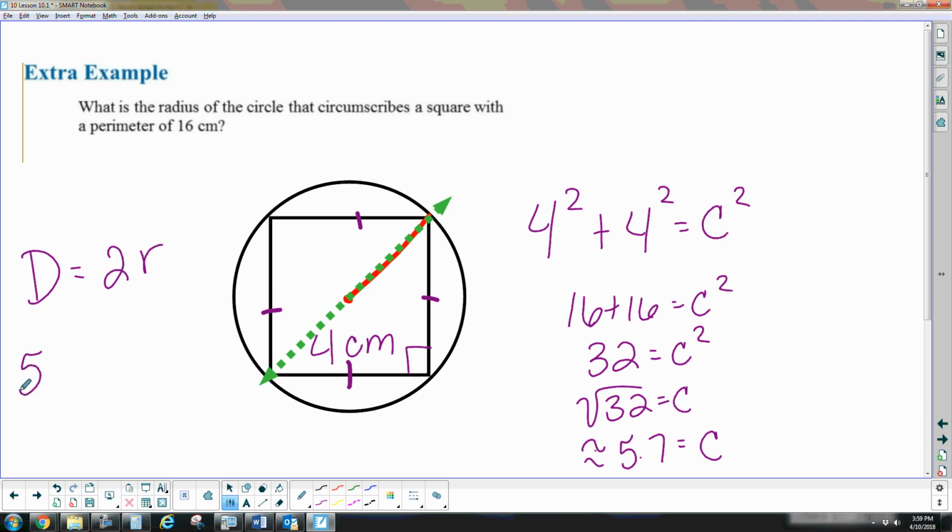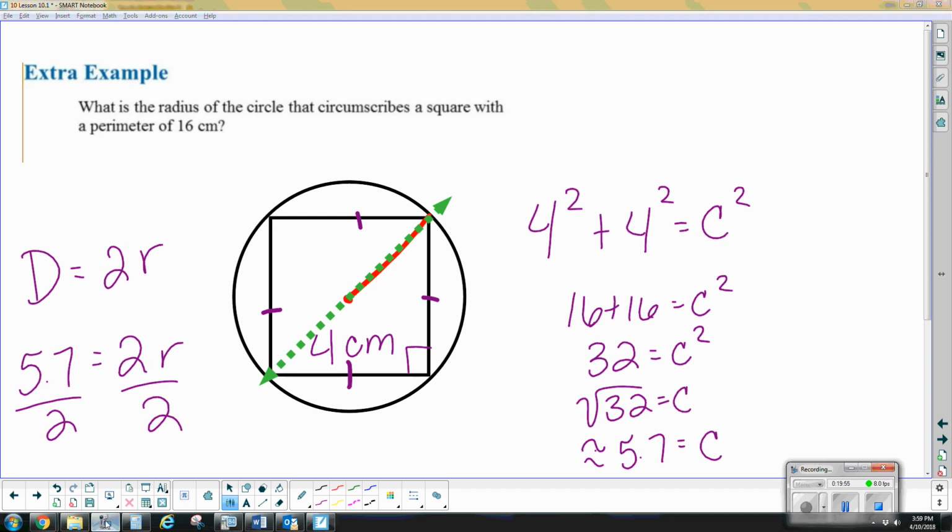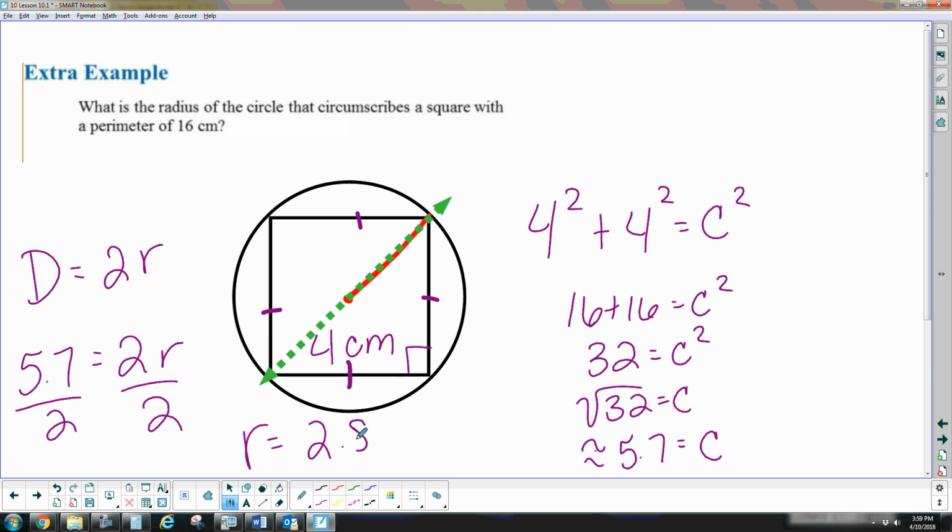So if we know the diameter is 5.7 centimeters, that's equal to 2 times the radius. So we can divide both sides by 2. 5.7 divided by 2 is about 2.85. So the radius of our circle is about 2.85 centimeters.